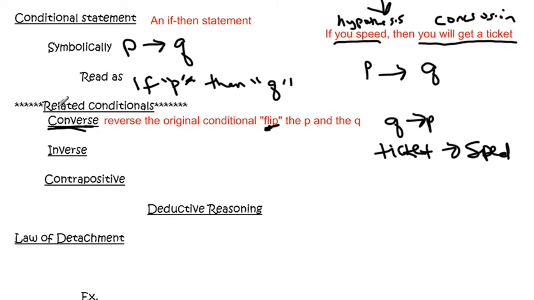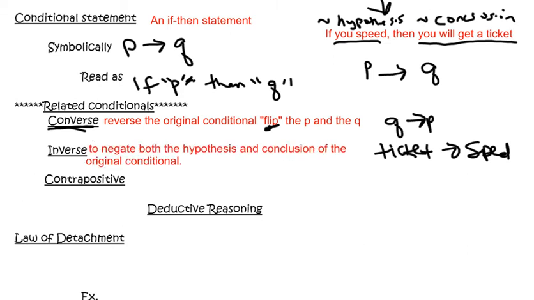That's the converse. The inverse is to keep the conditional as it originally was, except now we're going to negate the hypothesis and we're going to negate the conclusion. The symbol for negate is what's called a tilde.